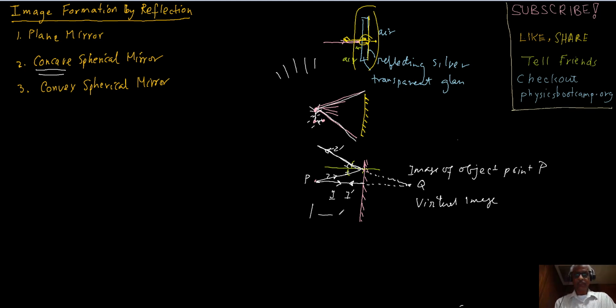You will see this distance is going to be the object distance, and usually you use the letter P for that. And this distance is the image distance, we'll use Q for it.